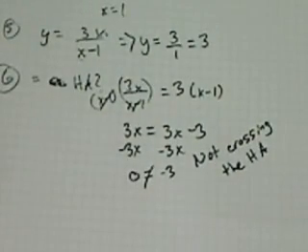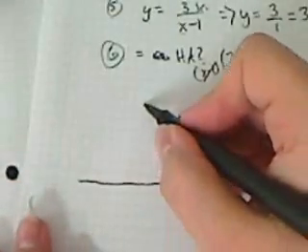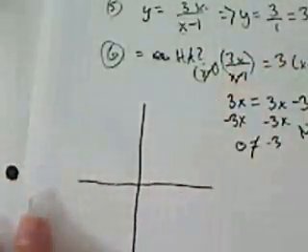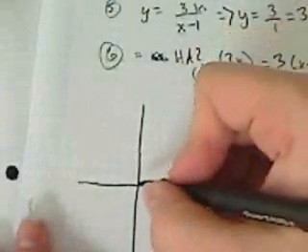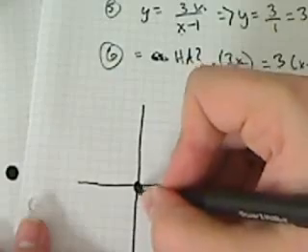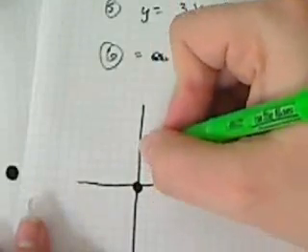So now we need to graph the thing. Our first value we had was we know it needs to go through the origin. We know we have our horizontal asymptote at y equals 3.